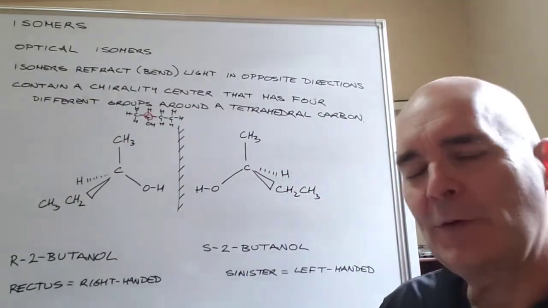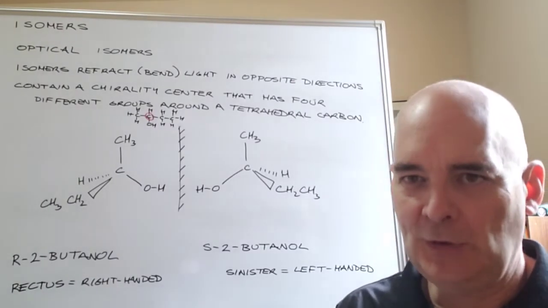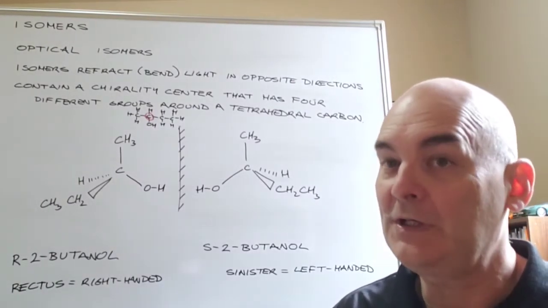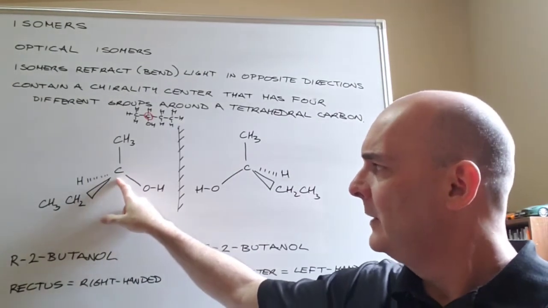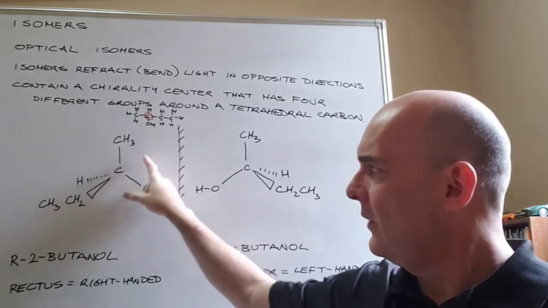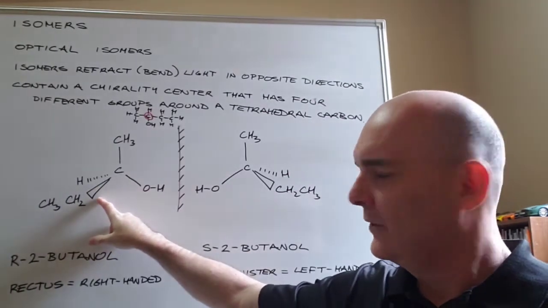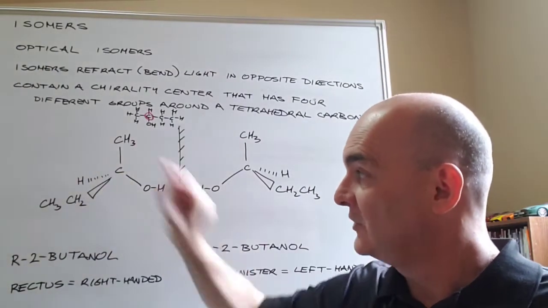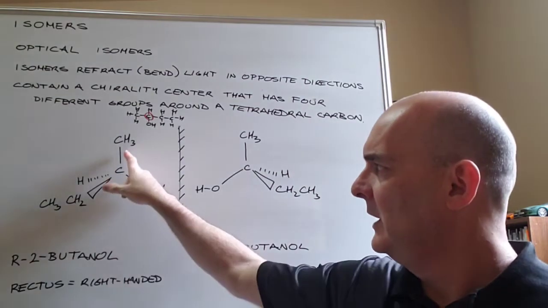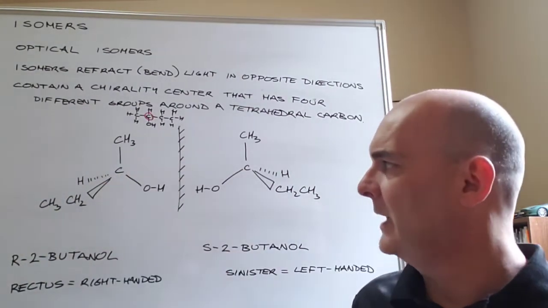So when we write this out in 3 dimensions, because it's not really something that we see in 2 dimensions, this is a 3-dimensional type of isomerism. Remember, this type of drawing tells us that the wedged bond is pointing out towards us, the hatched bond is pointing away from us, and any bond that is still just a line, that's in the plane of the paper.